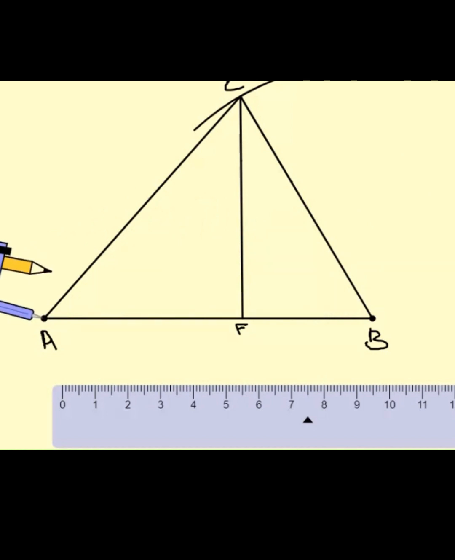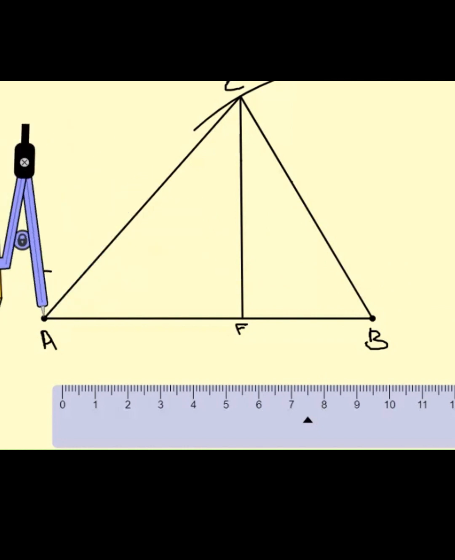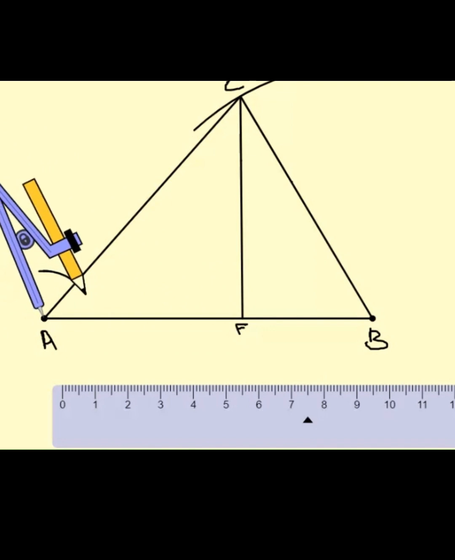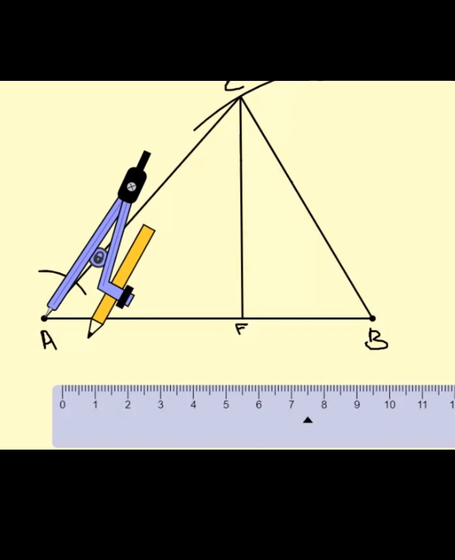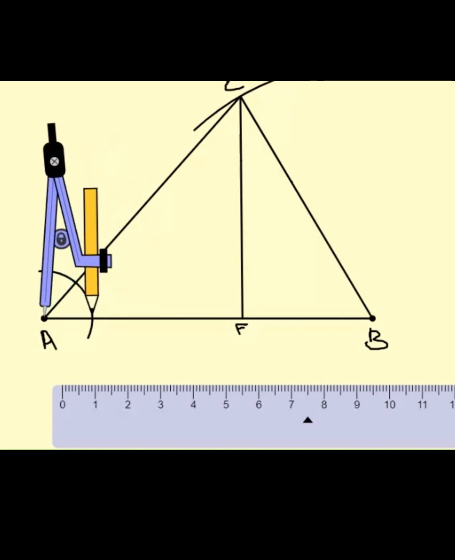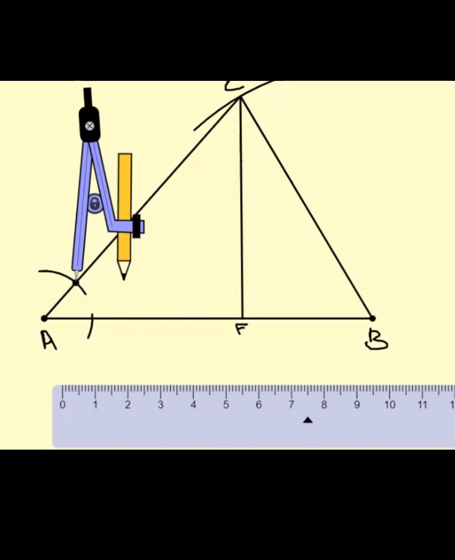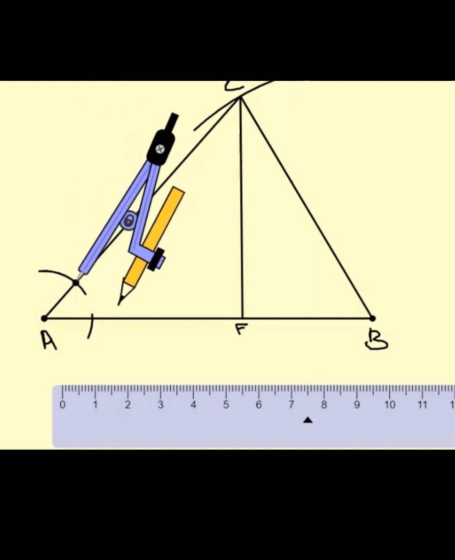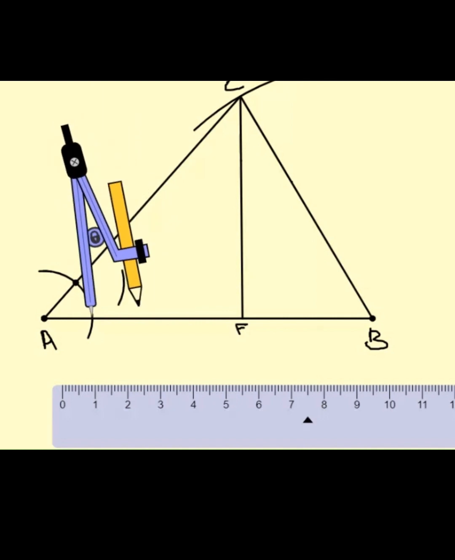So we're just bisecting angle A. So open your compass with any radius and draw an arc on the line AC, and with the same radius, draw an arc on the line AB. Lift the compass to where you drew an arc and at the intersecting point, draw another arc, and do the same thing on the other side on AB, draw an arc.